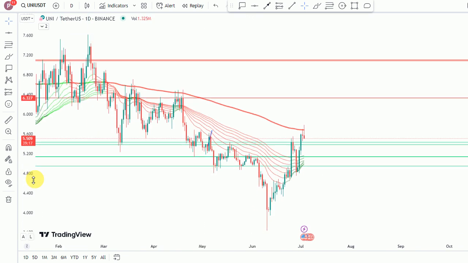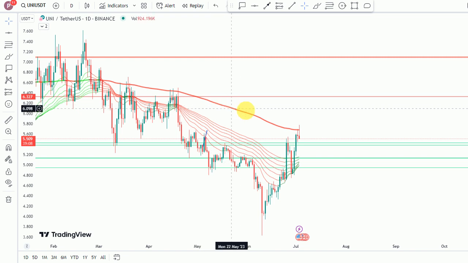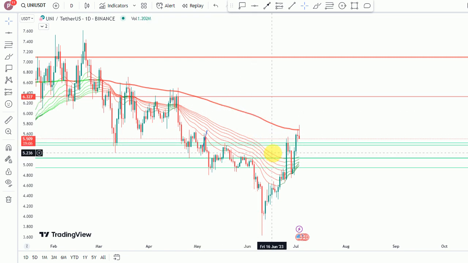We also have these EMAs on our screen. This is the 200 EMA, and we also have the 80, 70, 60, 50 and 40, right down to 20.